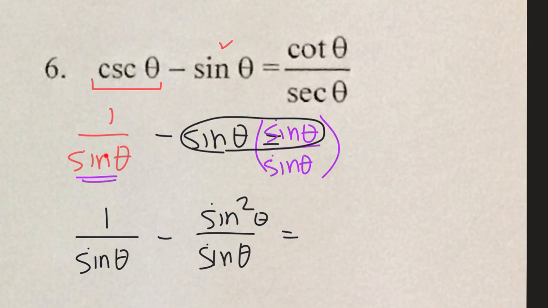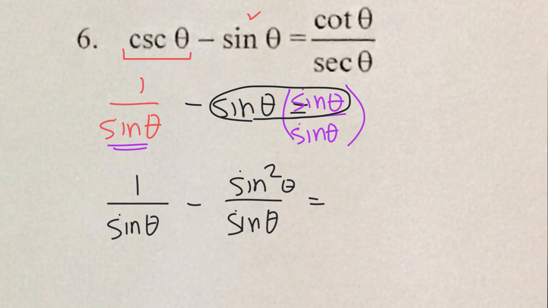This is 5th grade math with trig words, which behave the same as normal numbers. 1 over sine minus sine squared over sine. Now that my denominators are the same, I can subtract my numerators. And since these aren't like terms, I can't really subtract them, so I just write them down next to each other. So my numerator becomes 1 minus sine squared over sine.